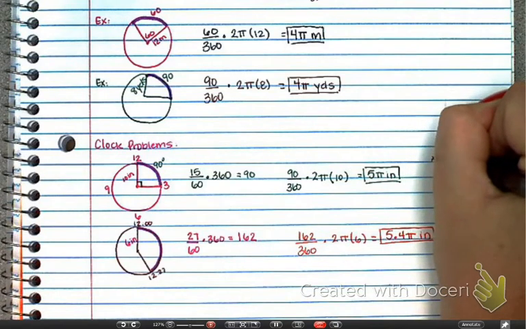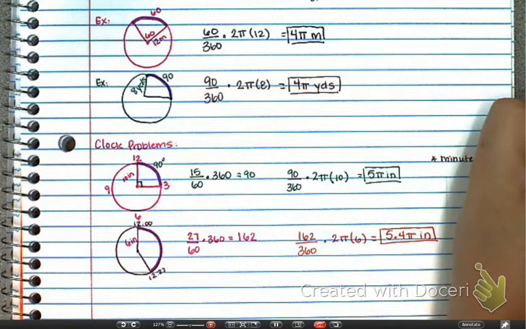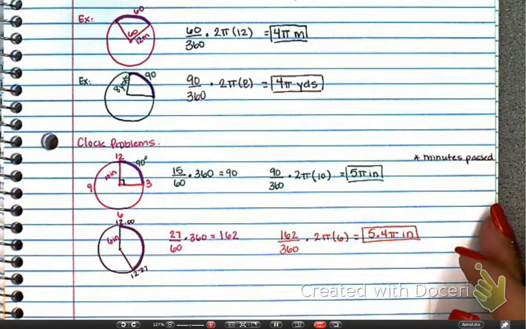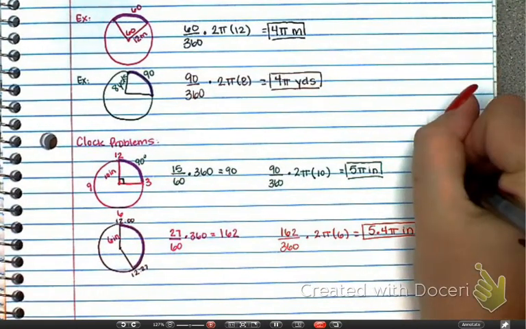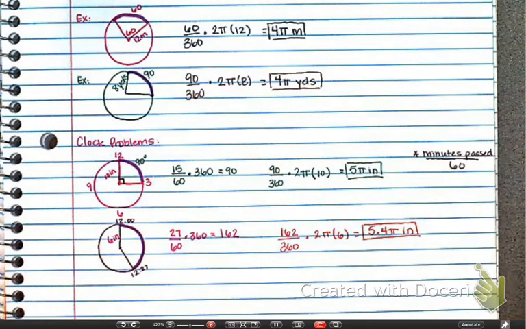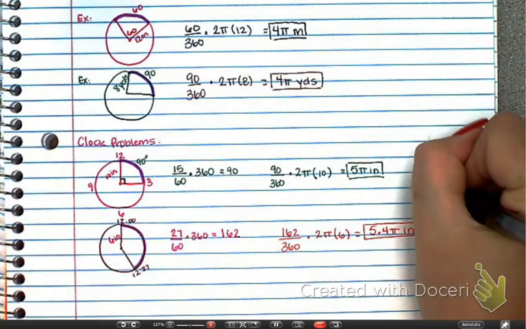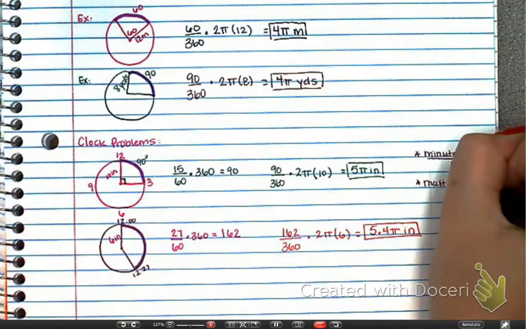You have 162 over 360 times 2 times pi times the radius, which is 6. So 162 divided by 360 times 2 times 6. What did that give you? Good. 5.4 pi inches.